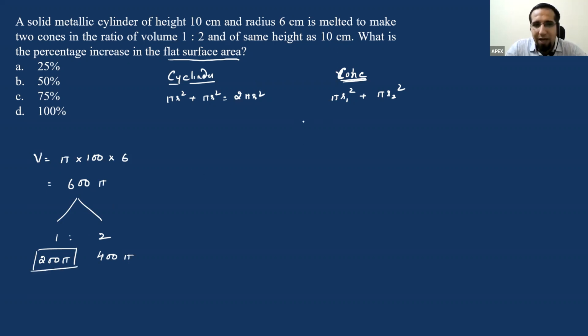So if I'm assuming r1 as the radius of the first cone, in that case, 1/3 into pi r1 square h is equal to 200 pi.